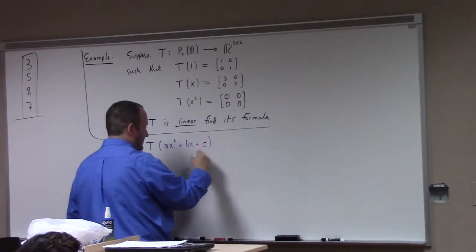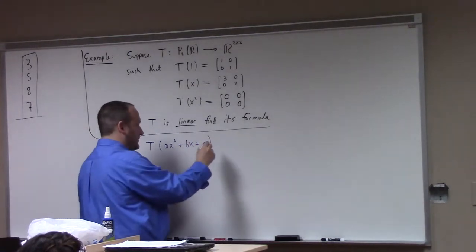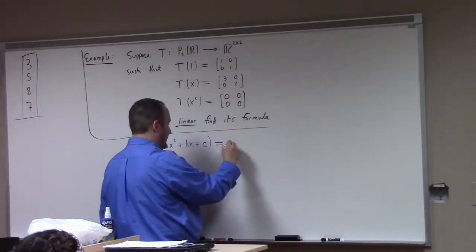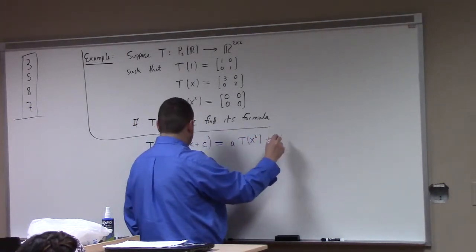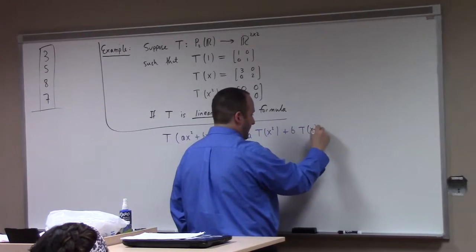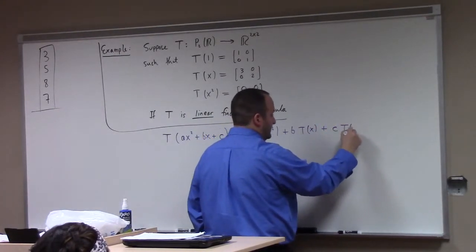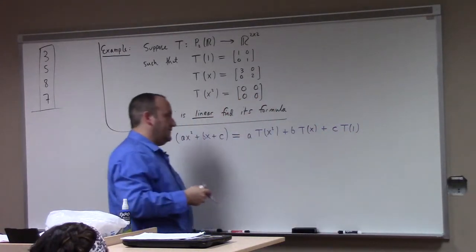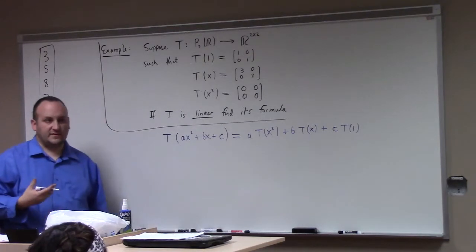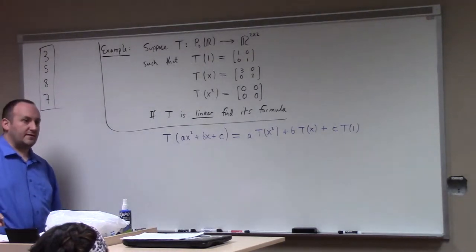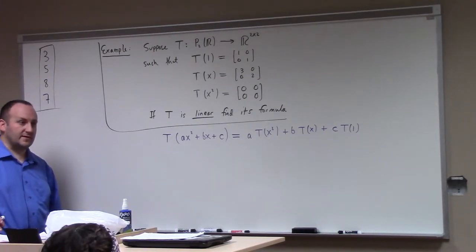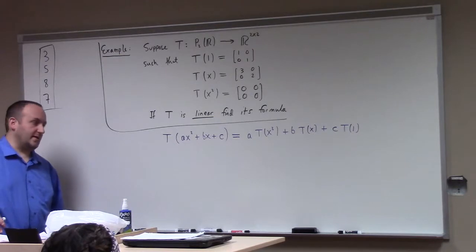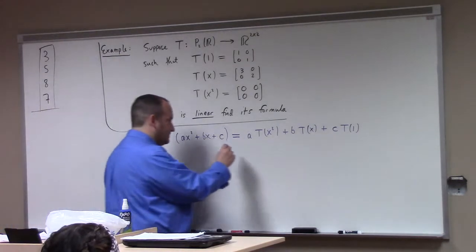I'll buy that. If we assume T is linear, that's a times T of x squared, plus b times T of x, plus c times T of 1. So if you're given the values of the mapping on the basis, that suffices to define the rule on the whole vector space. And the rule in particular is what?